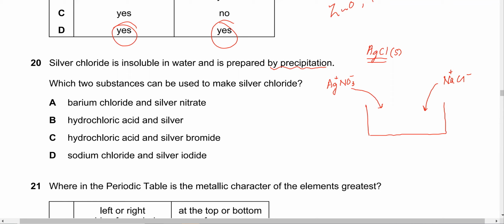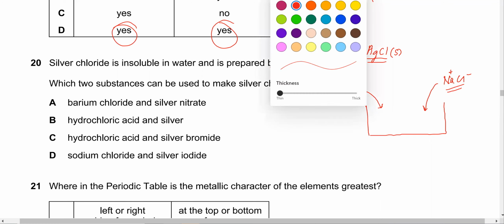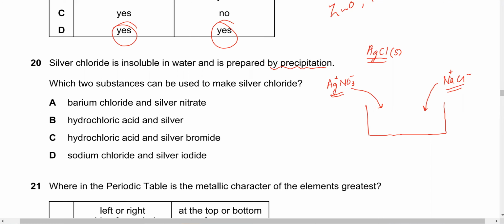So what happens is because these two compounds were soluble, they would go into the water and they would mix in the water and they would dissociate. Ag plus 1 alag घूम रहा होगा, NO3 minus 1 alag घूम रहा होगा, Cl minus 1 alag घूम रहा होगा, Na plus 1, they're all roaming around.